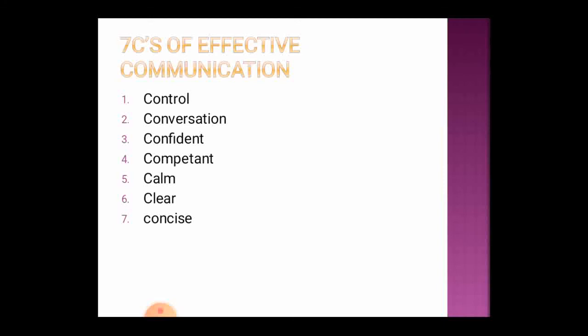Next one is competent. So competent refers to the listener party's response. When you keep asking questions, if the listener party answers, you feel that your opponent is listening to your concept. If not, they are not listening.